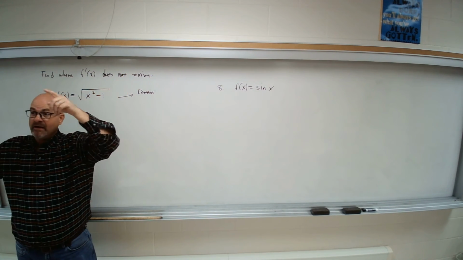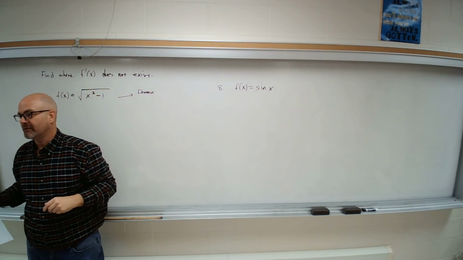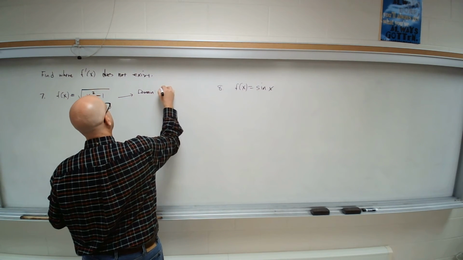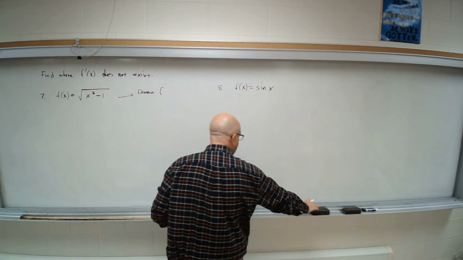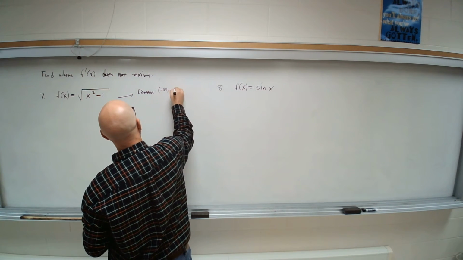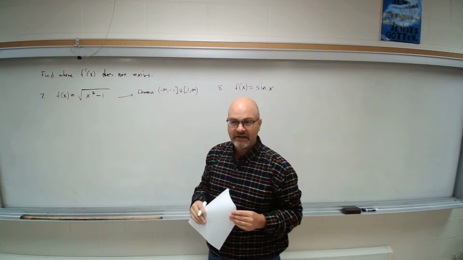Everything between negative 1 and 1 is negative, which you can't take the square root of. So our domain here would be from negative infinity to negative 1, and then from 1 to infinity.